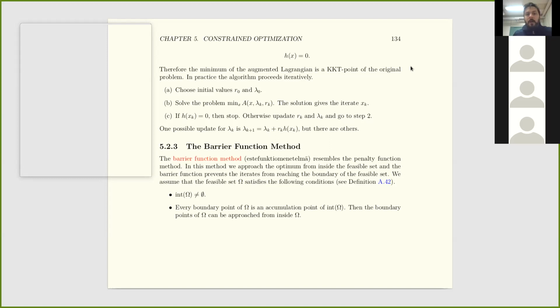We solve the problem by minimizing this. It gives a new point x. If we find a point where these constraints are in fact satisfied, h of x is 0, we can stop. Otherwise, we update these coefficients. Lambda is updated as lambda plus something times the r_k times h of x_k. So there are other ways.